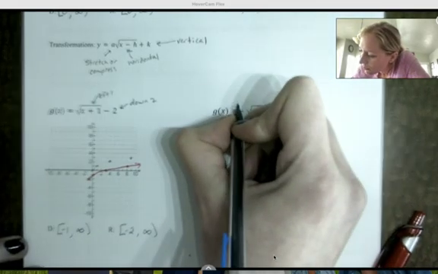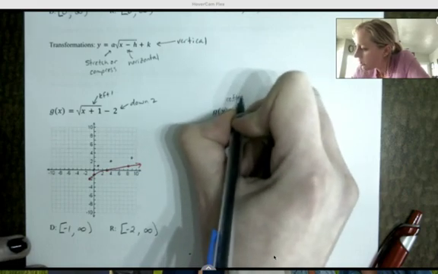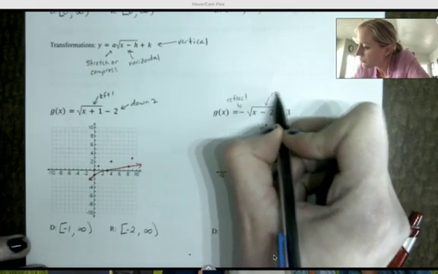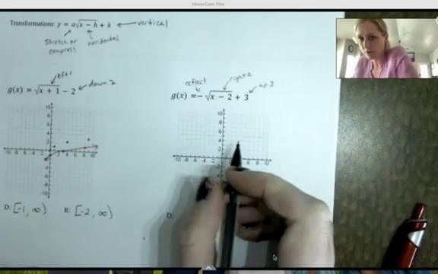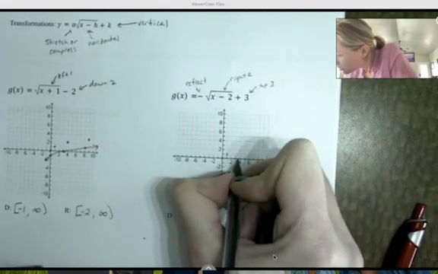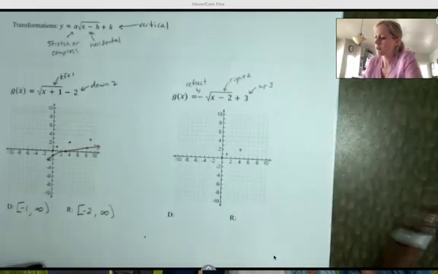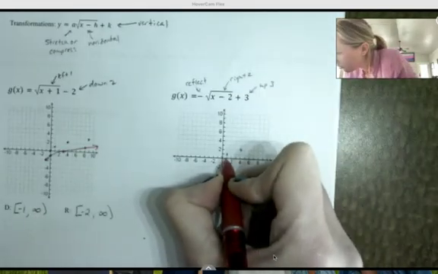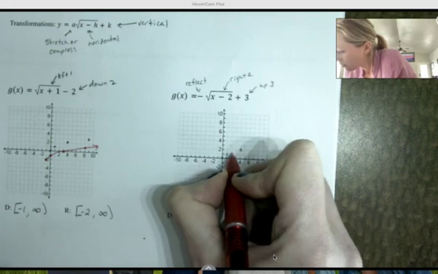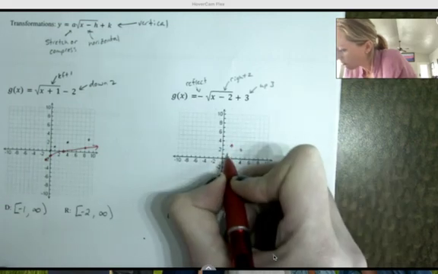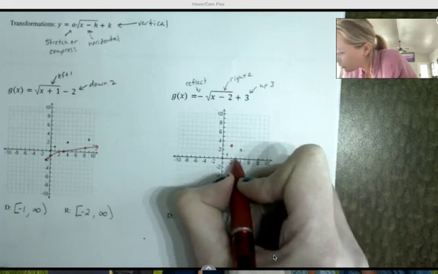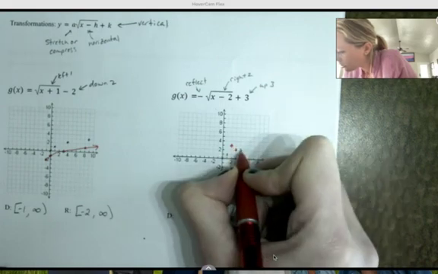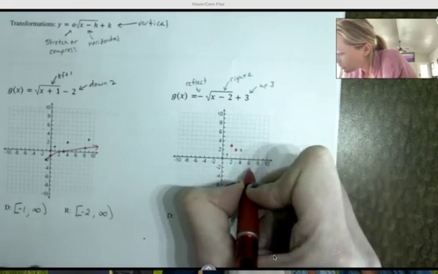Okay, this one is a reflection. This one is going right 2, and up 3. Same thing, we've got our original points, so I'll use my same 3 big ones. We go right 2, reflect, and up 3. Right 2, reflect, and up 3.